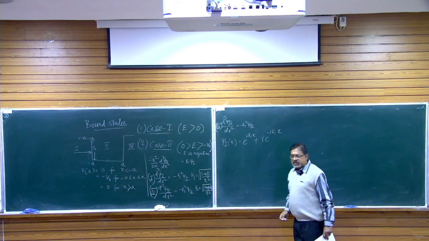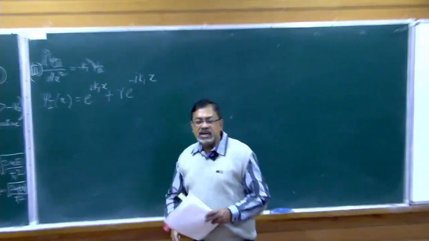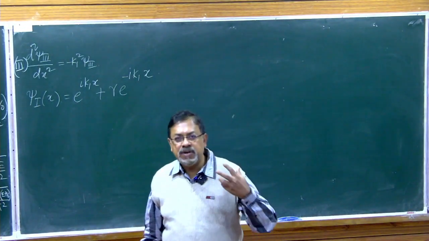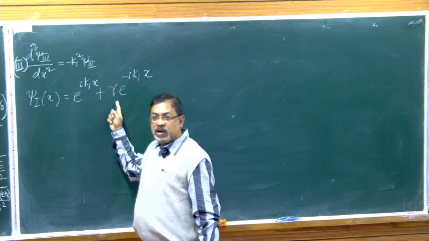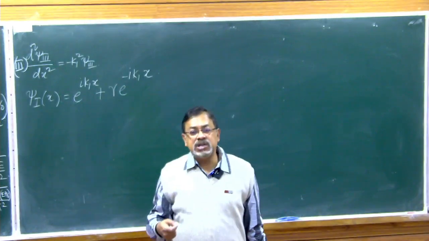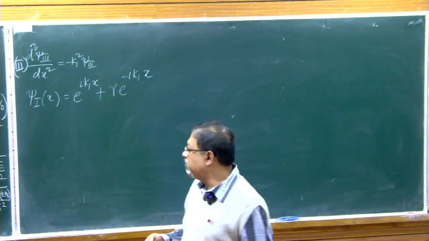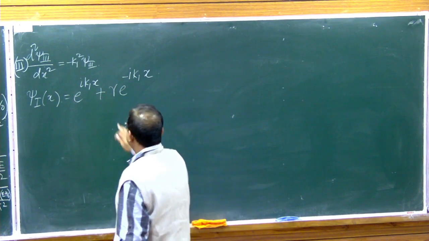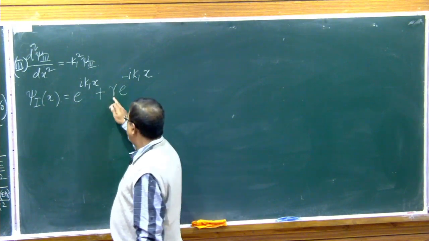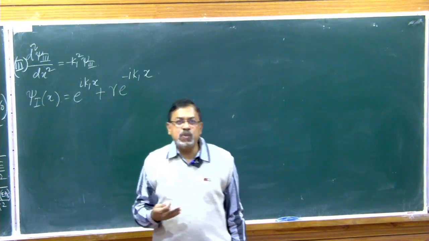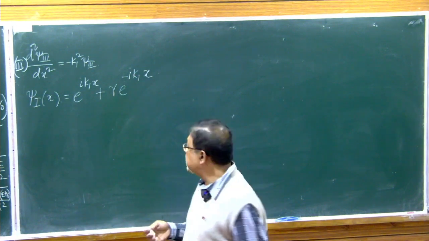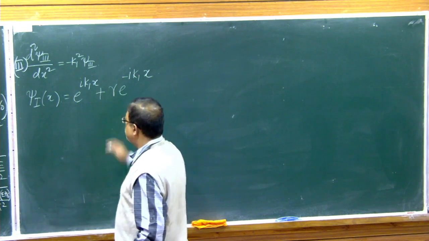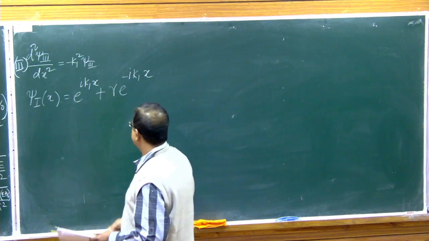Now this means that r is the ratio of the two coefficients such that the mod square of that would give you a reflection coefficient, or reflectivity. In principle it's complex, and the mod square of this will give you the reflection coefficient.